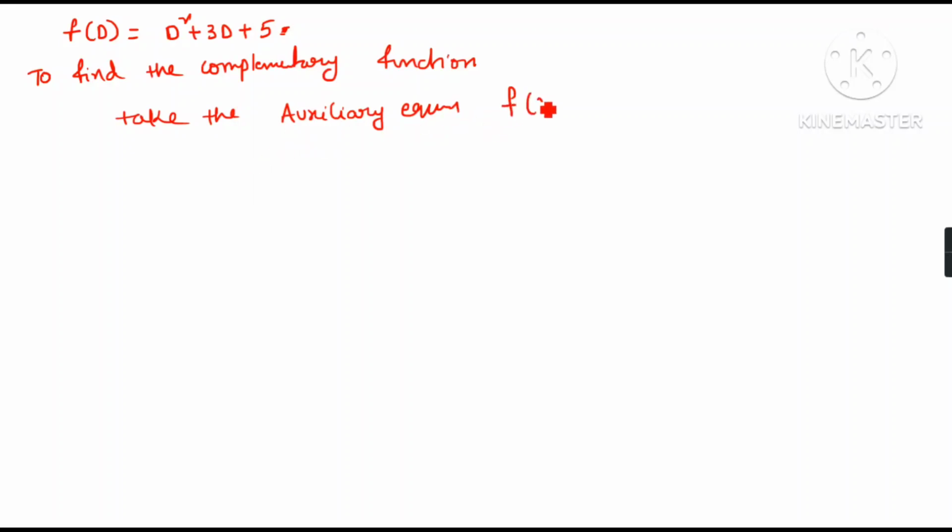The auxiliary equation is f of m equals 0. Already we know f of D, so find f of m. Write f of m and equate it to 0. So f of D equals D square plus 3D plus 5, then f of m is nothing but m square plus 3m plus 5 equals 0.